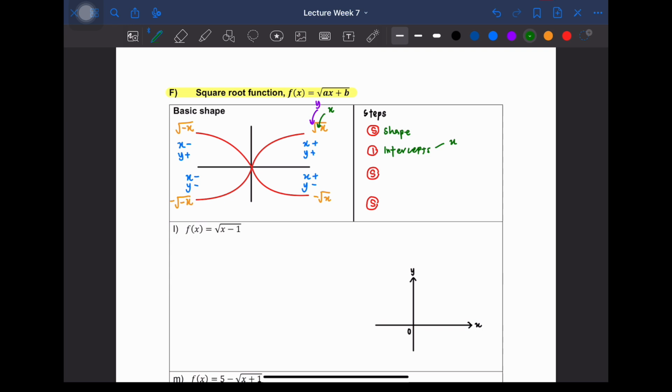Okay, so intercepts macam biasa untuk x dan juga y intercept. X adalah bila y equal to 0, y adalah bila x equal to 0. Okay, nanti awak tulis sendiri. And then third step adalah S. S dekat sini dia stand for starting point. Starting point, titik permulaan dia. So starting point dia akan ada x and also y.